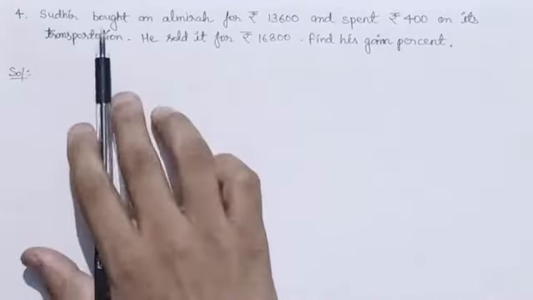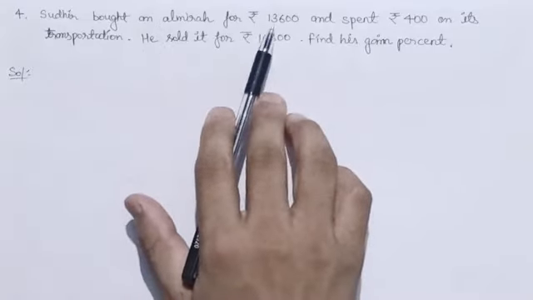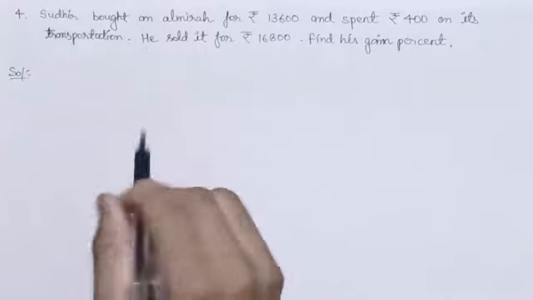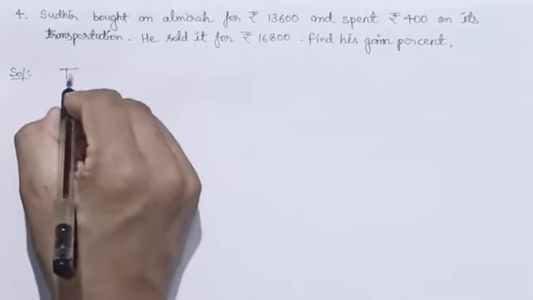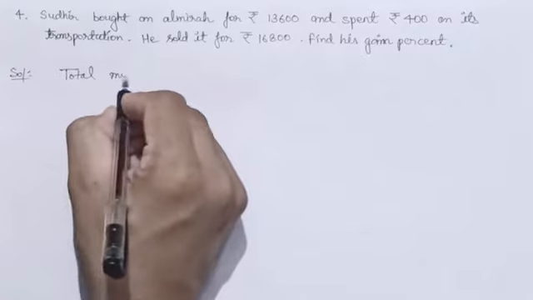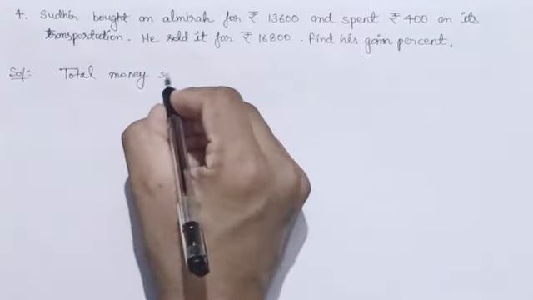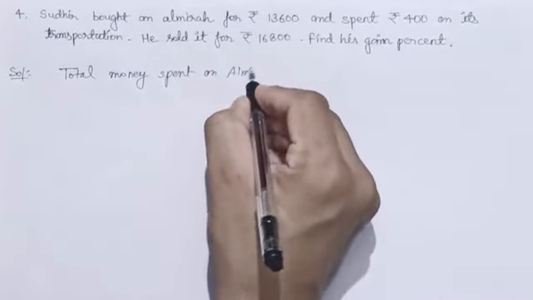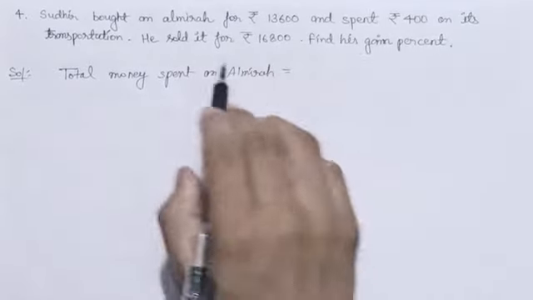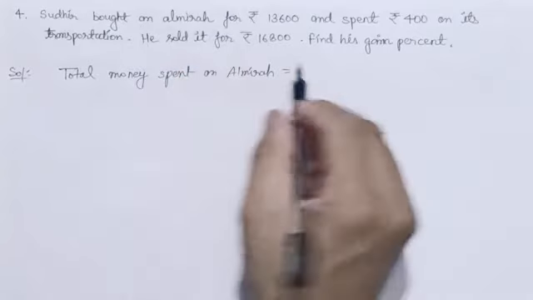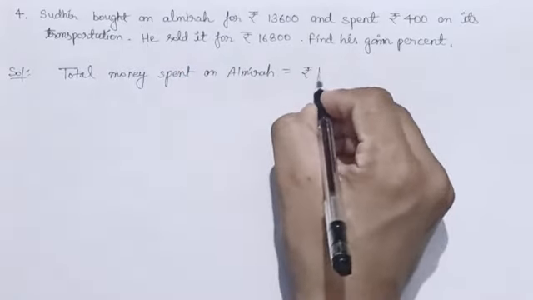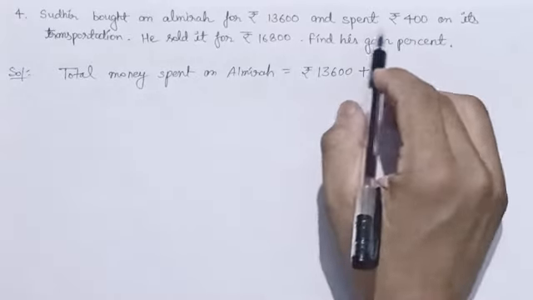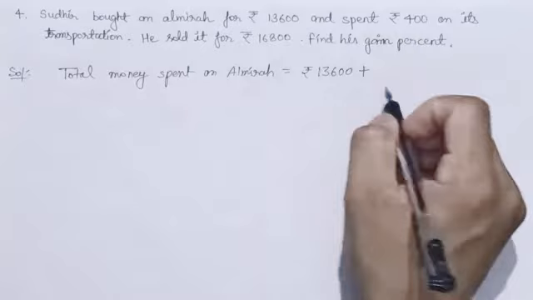So here Sudhir bought the almirah for rupees 13,600 and also spent rupees 400 on its transportation. So we can say total money spent on almirah is equal to the cost of the almirah, that is rupees 13,600, plus the money spent on its transportation, that is rupees 400.